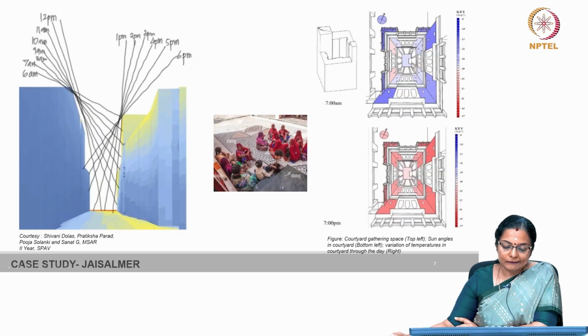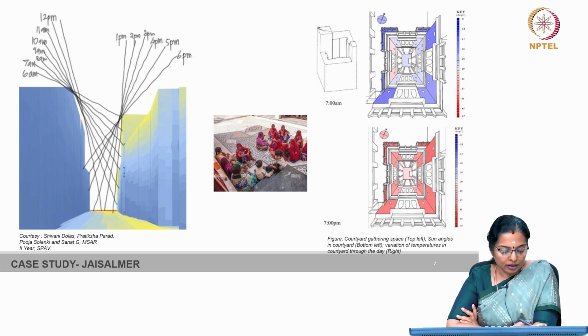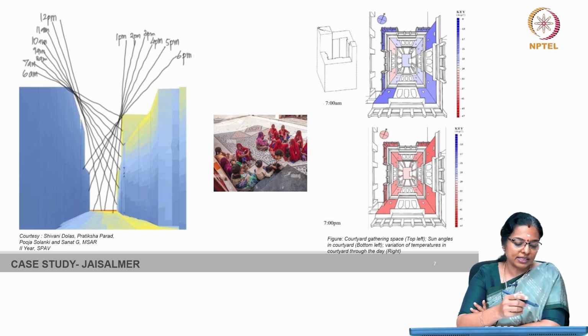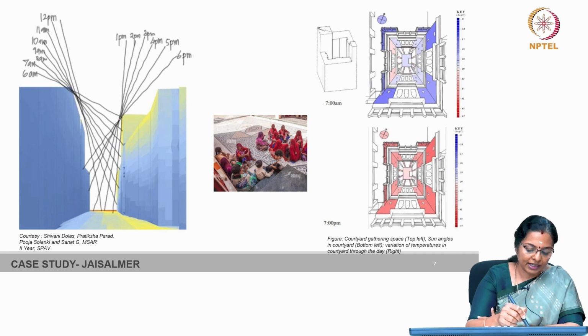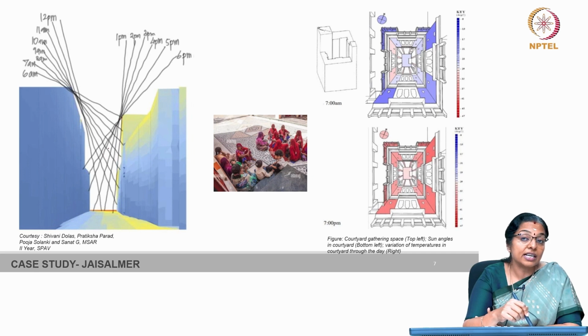So, this is how the streets are shaded during the entire day. You can see how the streets get shaded, and it is not only the streets, the walls of the houses also get shaded due to the mutual shading.